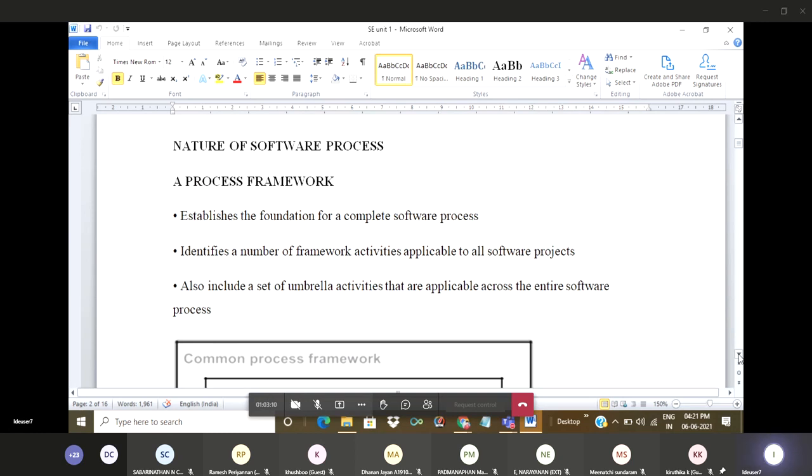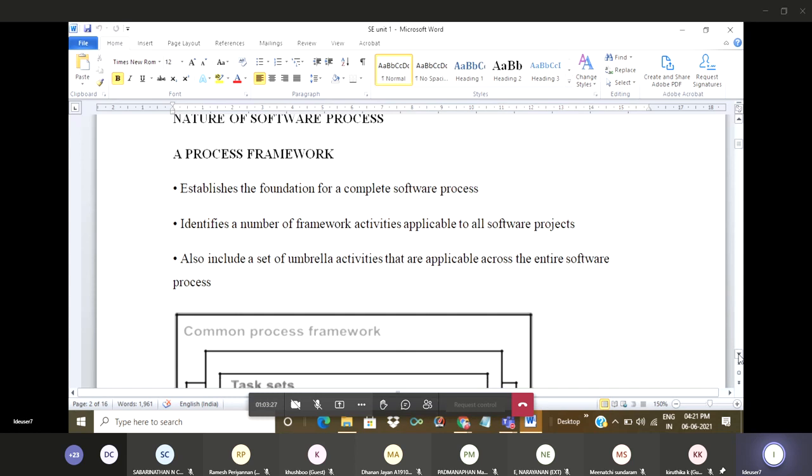So next is the nature of software process. The first is the process framework. If you want to do something, first we have to frame some work. So first we have to establish a foundation for a complete software process. If you want to do any project, the foundation must be there.